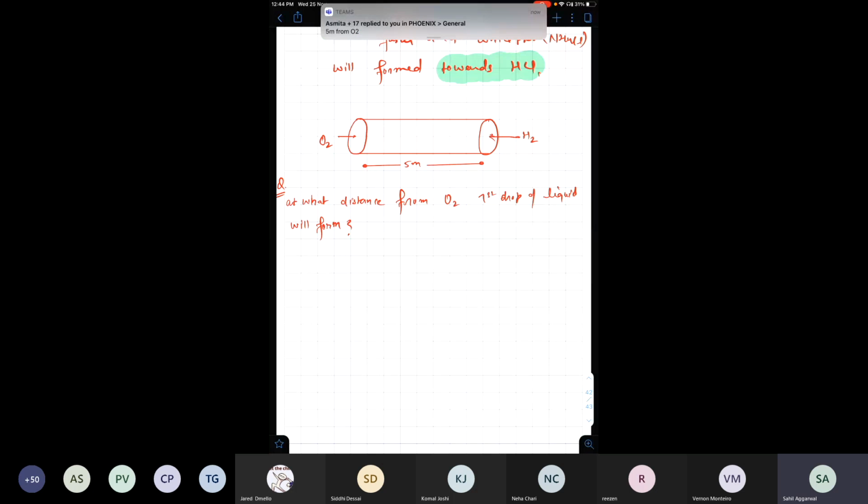5 मीटर कैसे हो सकता है यार अस्मिता? 5 मीटर का मतलब वो होगा दूसरा चला ही नहीं.